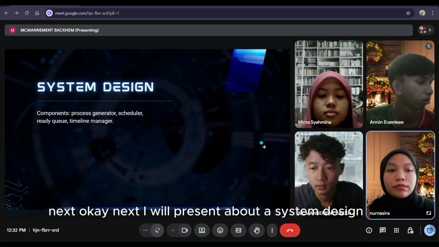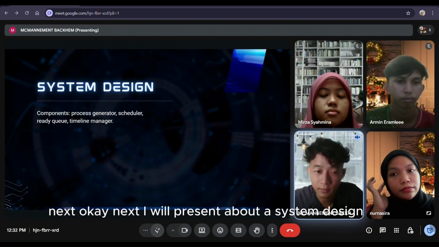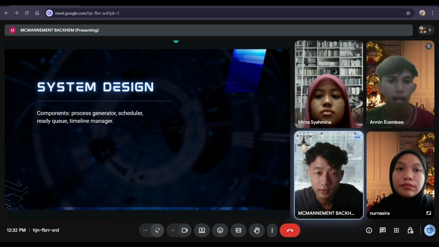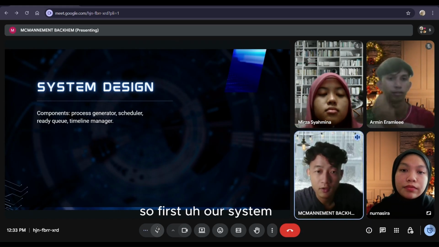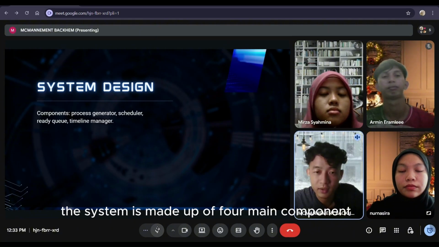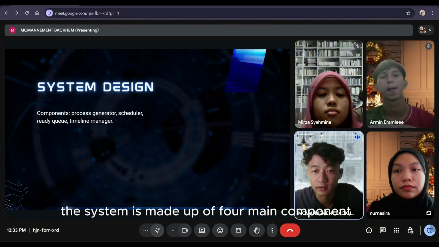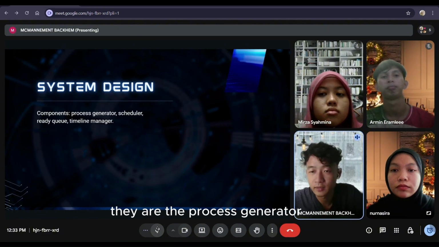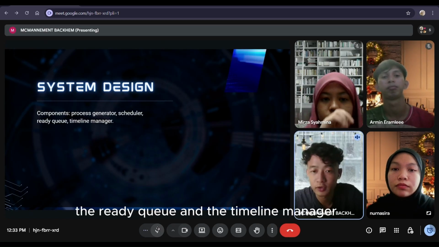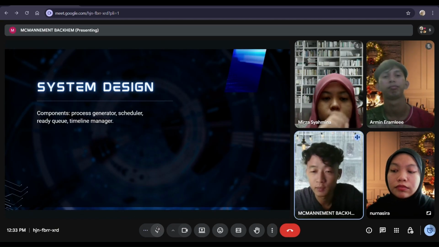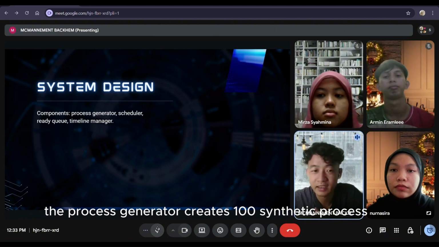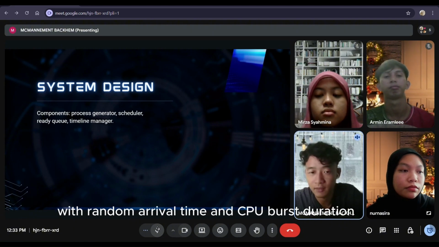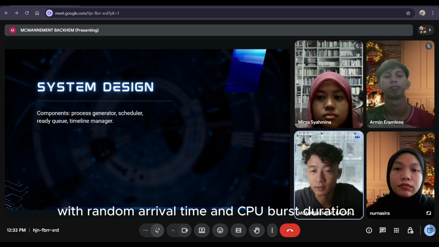Next, I will present about the system design. First, the system is made up of four main components. They are the process generator, the round robin scheduler, the ready queue, and the timeline manager. The process generator creates 100 synthetic processes with random arrival time and CPU burst duration.